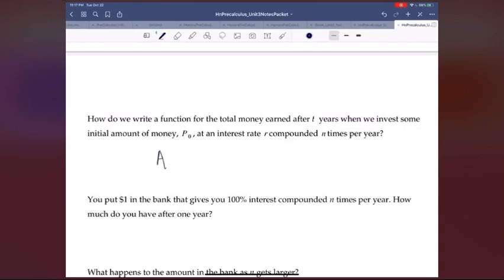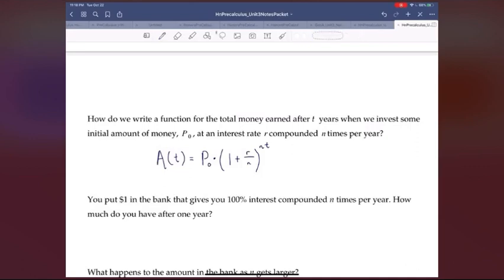We'll say A of t, the amount of money that we have at time t, is equal to P naught, the principal, the initial amount of the investment, multiplied by 1 plus the interest rate divided by n, the number of times that we're compounding, to the nt. So nt will be the total number of times we're compounding, because we multiply the number of times we're compounding in a year by the number of years.